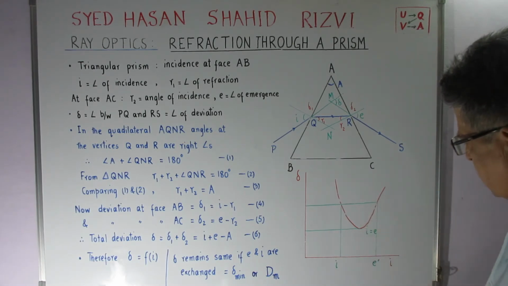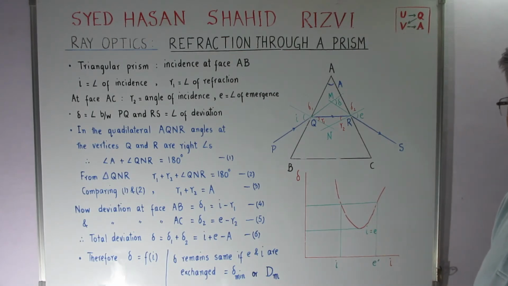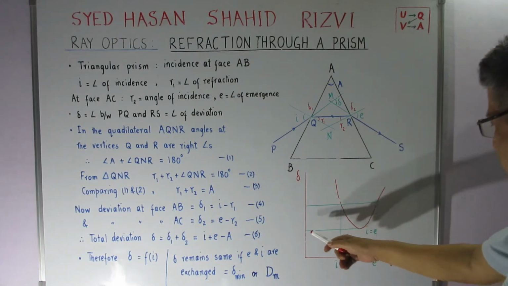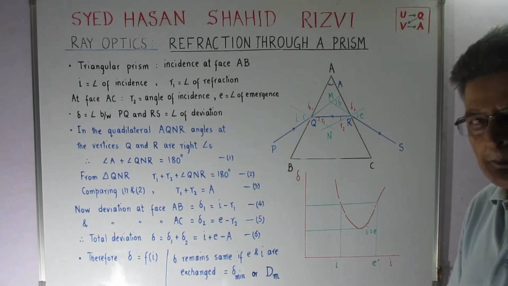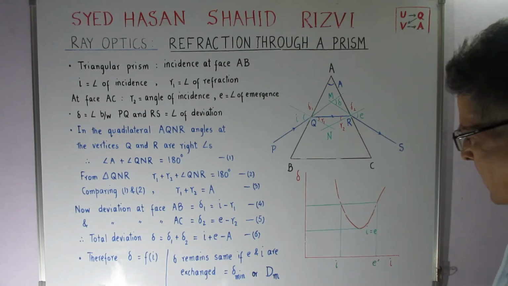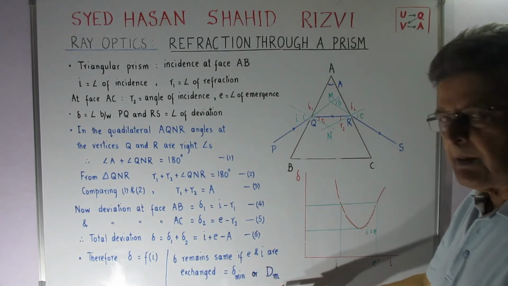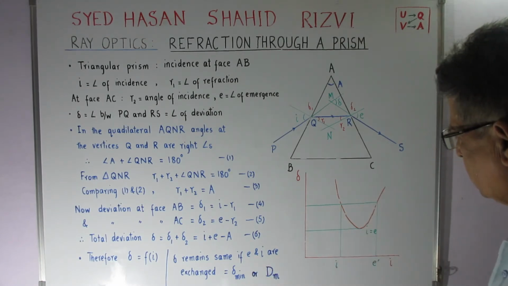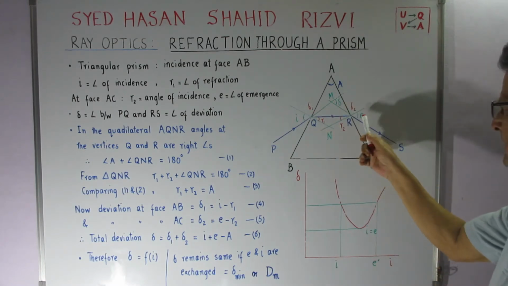There is one situation in which the angle of incidence and the angle of emergence become equal. At this point you can see that the deviation angle is a minimum, which we call delta min or Dm. Here I and E are equal.